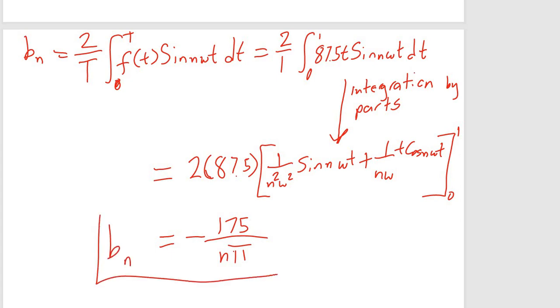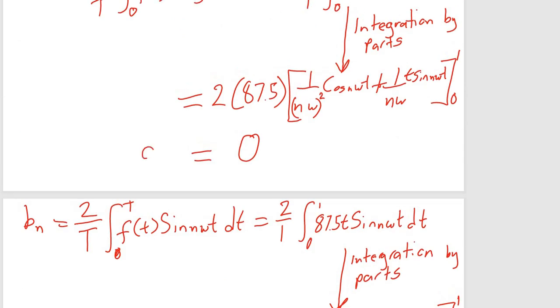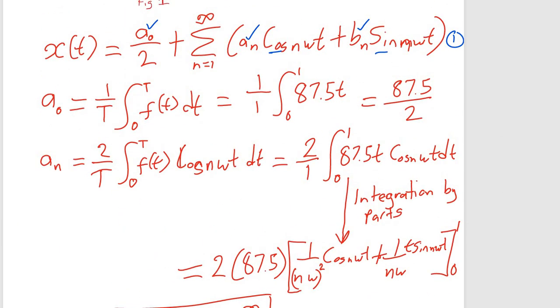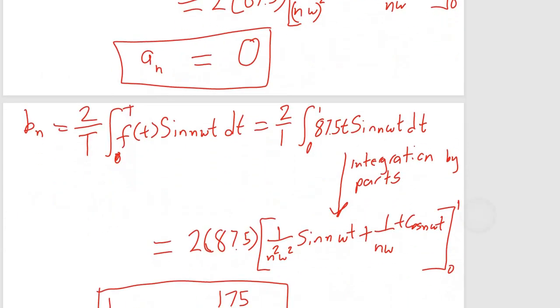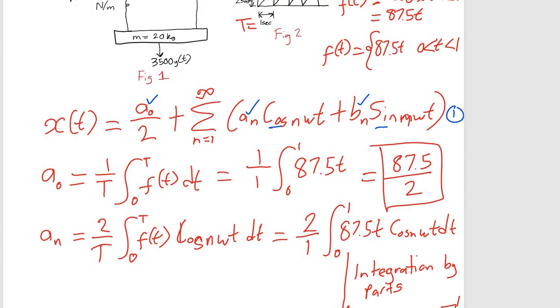So we have bn as this value, and from the previous page we found an is equal to 0, and a0 is equal to 87.5 divided by 2. So we have succeeded in finding a0, an, as well as bn.